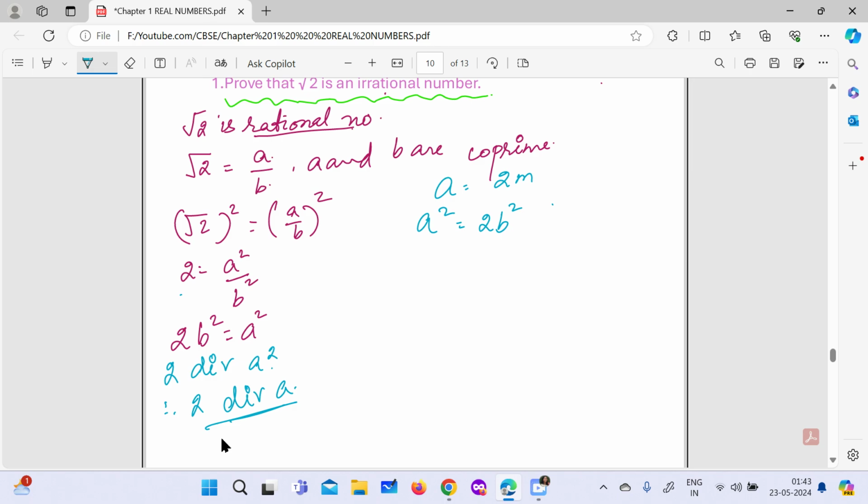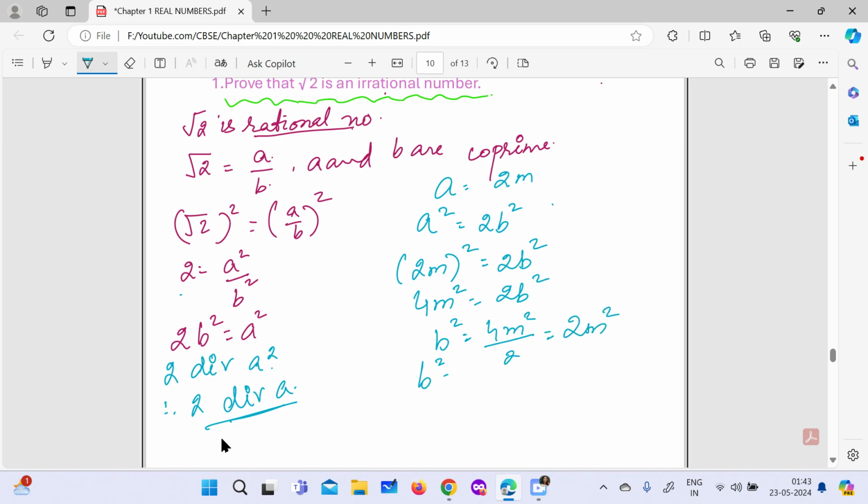So we can also have 2m, because a is 2m, 2m whole squared is equal to 2b squared. So you will get here 4m square, which is equal to 2b square. And now when we solve it, you get b square is equal to 4m square upon 2, that will give you 2m square. So b square is 2m square.